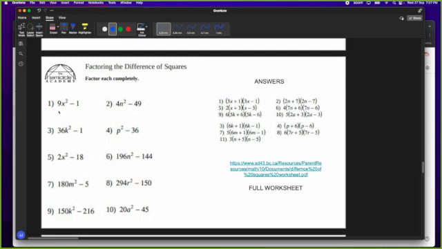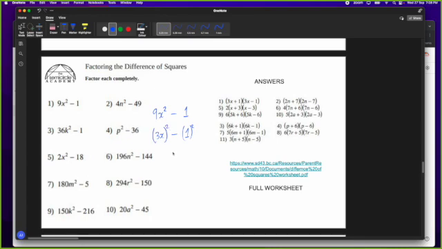So I'll just do the first example. 9x squared minus 1. You have to be able to recognize when you have a difference of two squares. You have to recognize that 1 could be seen as 1 squared, and that 9x squared could be seen as 3x all squared.